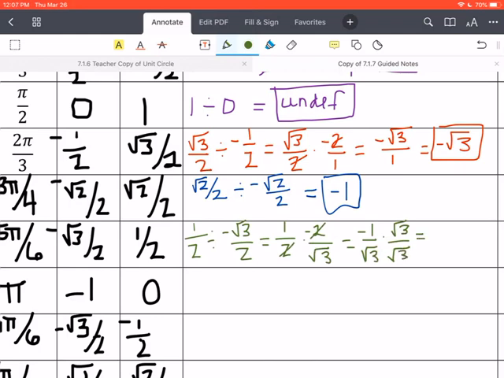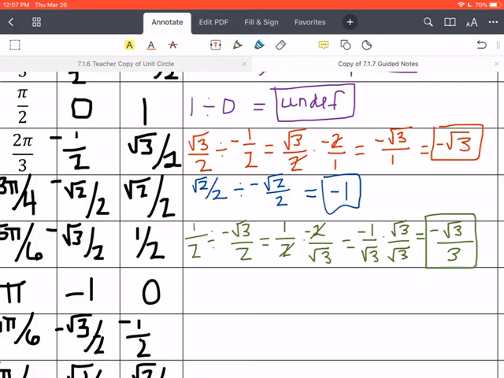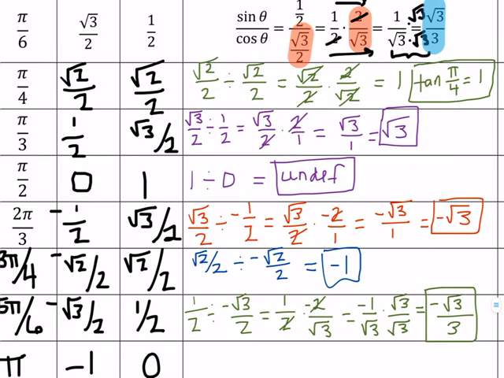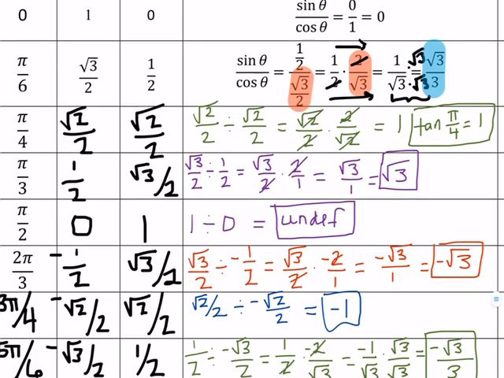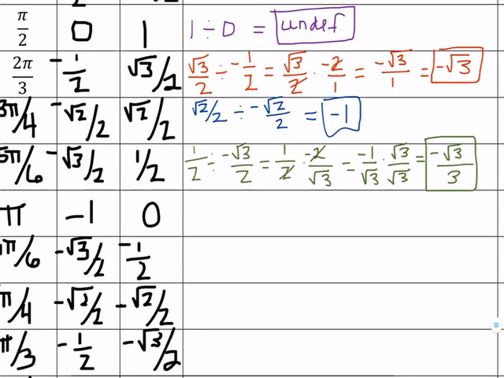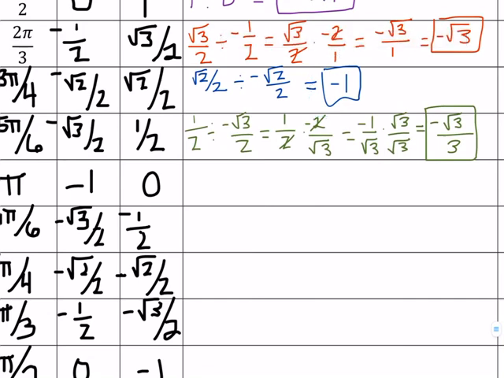So to rationalize, you always multiply by the root that is in the denominator. So if I look at this, I have negative root 3 over what's root 3 times root 3? 3. So negative root 3 over 3 is the tangent of 5 pi over 6. Okay, so if we scroll up, I think that's what we had gotten for pi over 6. So please make note of all of the symmetry that is occurring.